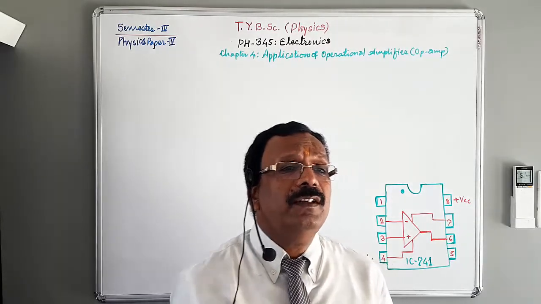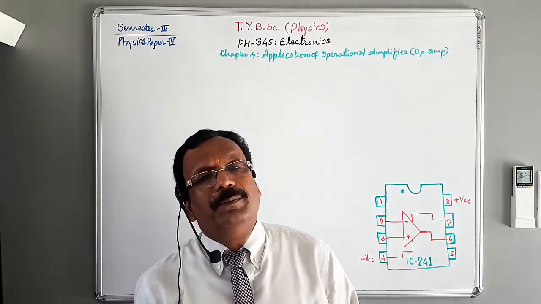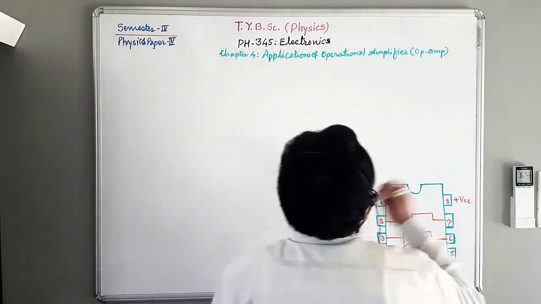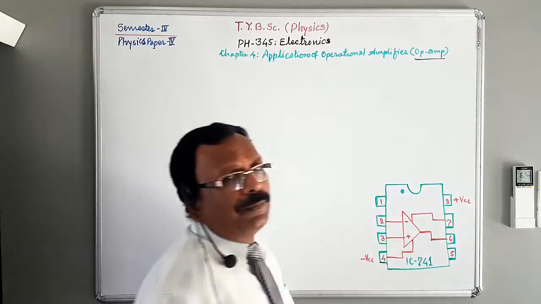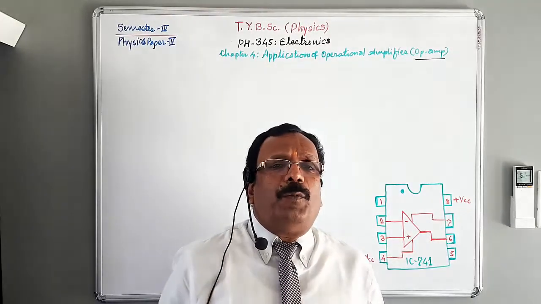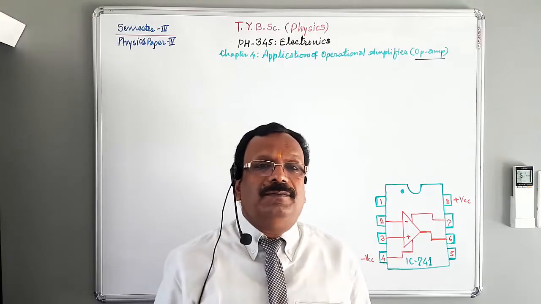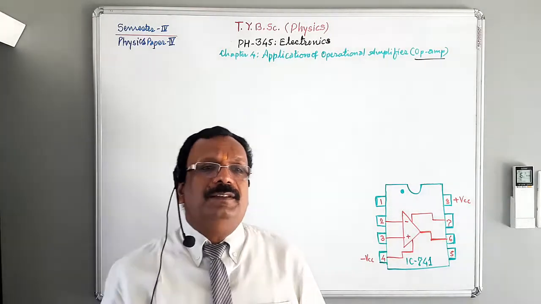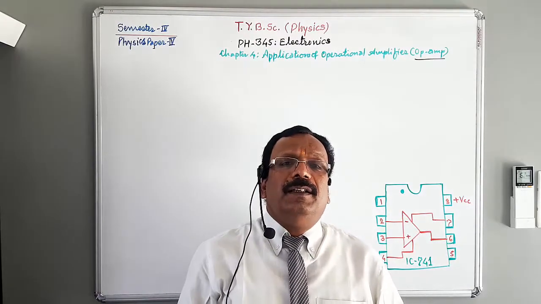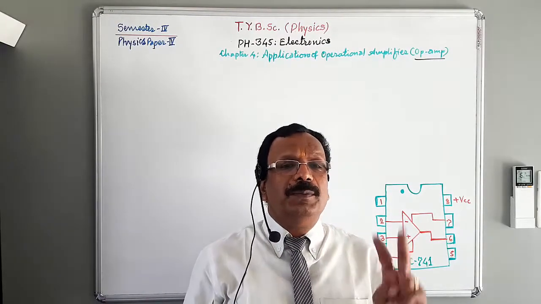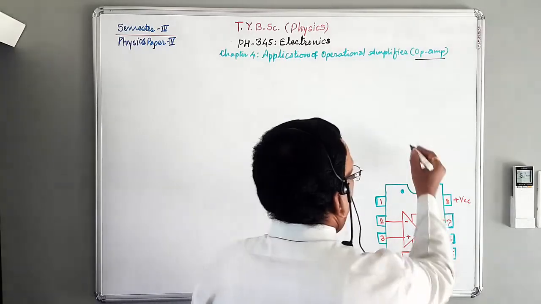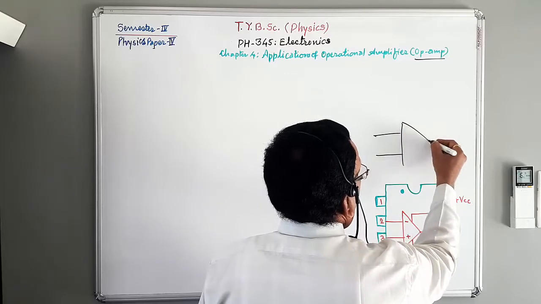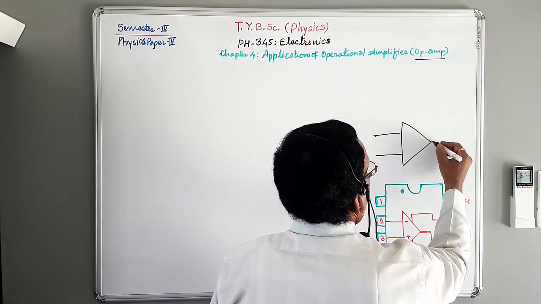So what is OpAmp, or what is an operational amplifier? OpAmp is the abbreviation of operational amplifier. OpAmp is a voltage amplifier usually consisting of two inputs and having a single output.